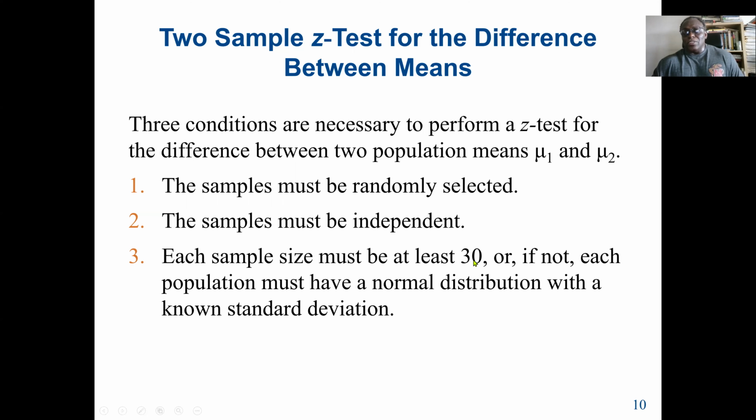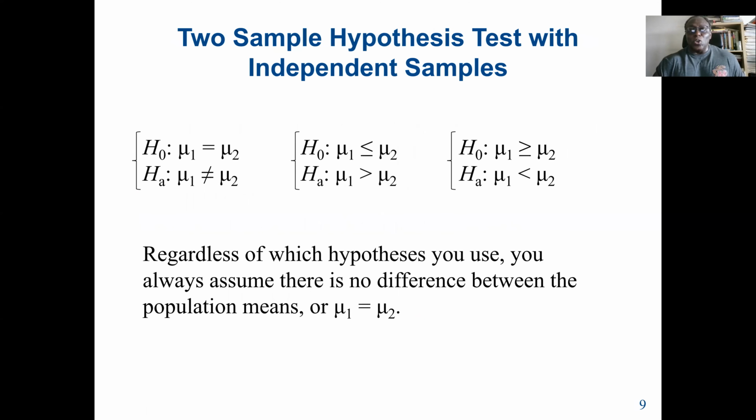A small sample means the sample size is less than 30, and we're going to do that in our next lectures. So each sample size must be at least 30 or more, or if not, each population must have a normal distribution with a known standard deviation. So again, these are the conditions. The first thing we do is state our H0 and HA.